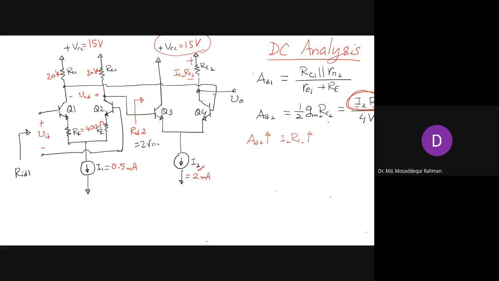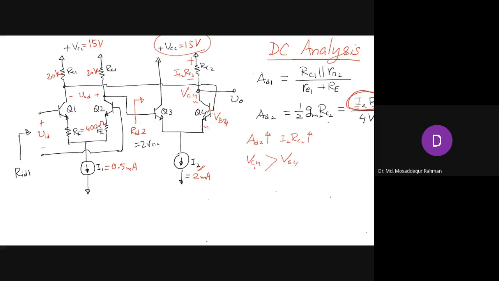The other constraint is the collector voltage VC4. In order for the transistor to remain in active mode, the base emitter junction has to remain forward biased, and the collector base junction has to remain reverse biased, for this NPN transistor. So VC4 has to be greater than VB4.